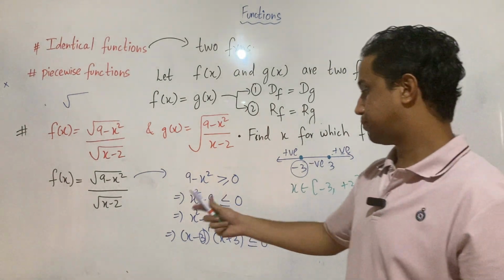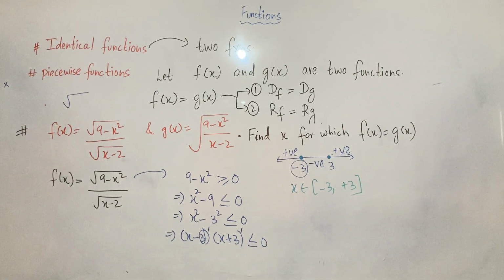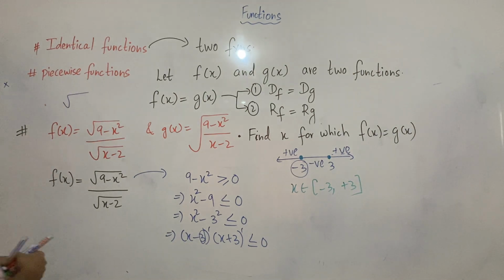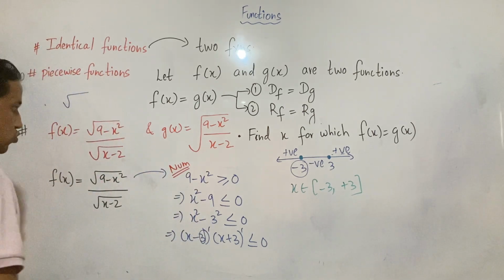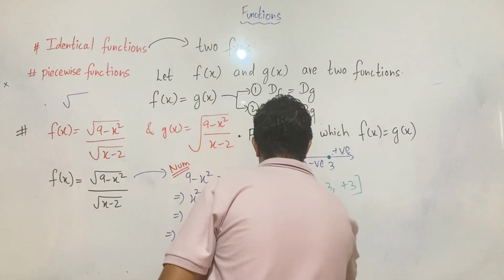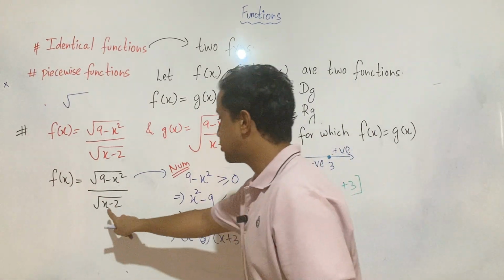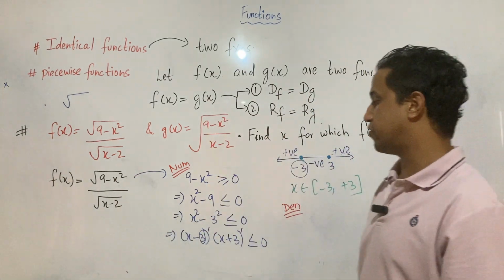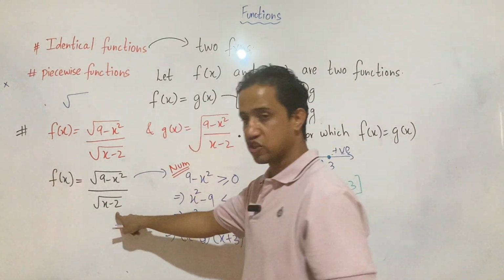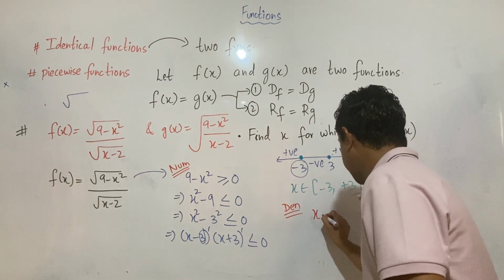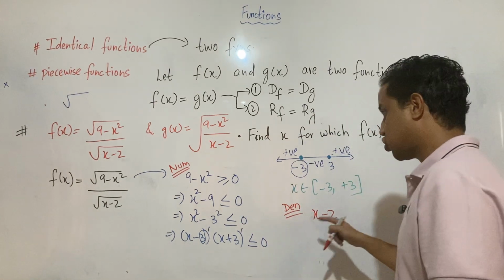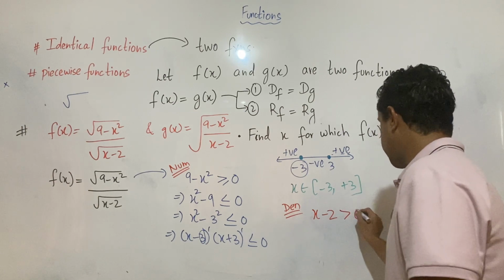Understand? Here I'm writing numerator. Now come to the denominator part. This denominator part is going to be valid when this thing is greater than 0. So x minus 2 should be greater than 0.